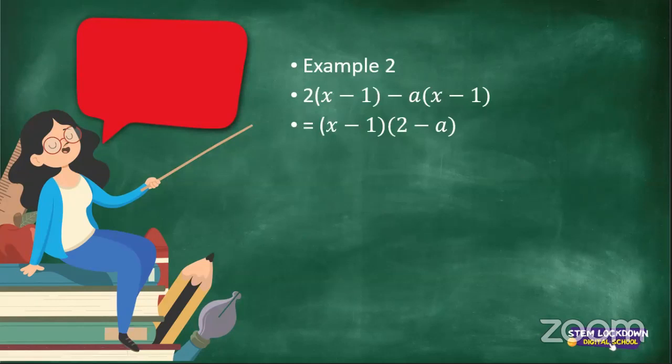Now, example 2 can be quite tricky if you are not careful. It can be a bit tricky because we have common factors, but some learners may not be able to see the common factors. What is important is to look at your brackets. Look at those brackets.